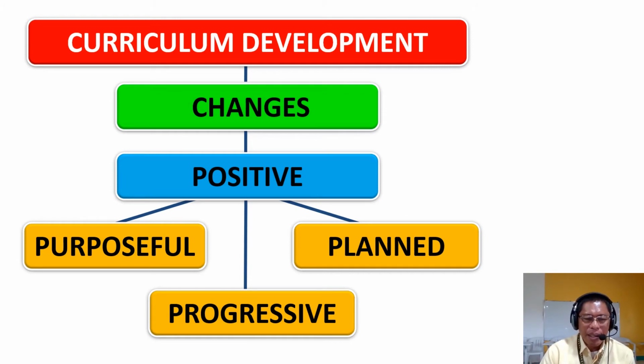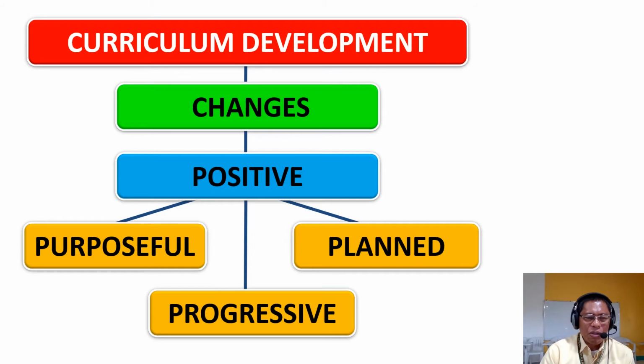Na-take up na natin yung purposeful, no? There should be a specific purpose, specific target, specific objective, a specific goal for changing the curriculum. And it should be planned. Dapat may plano. Tulad ng K-12, hindi yan basta gumising lang si Pinoy one morning and then, mga bata, tayo magki-K-12. Hindi. It took years of planning and preparation before the K-12 curriculum was finally put in place and implemented.